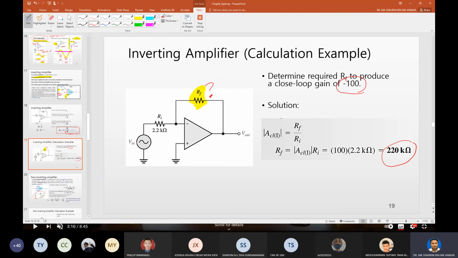So if we draw the signal, let's say we have a sinusoidal signal here as the input, and this is time, and this is the input signal.